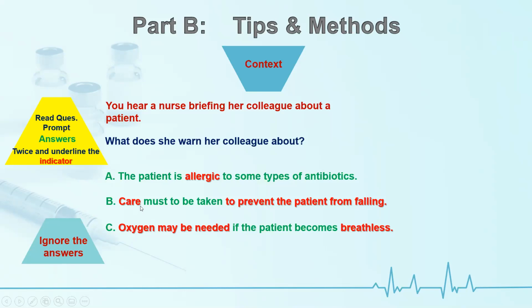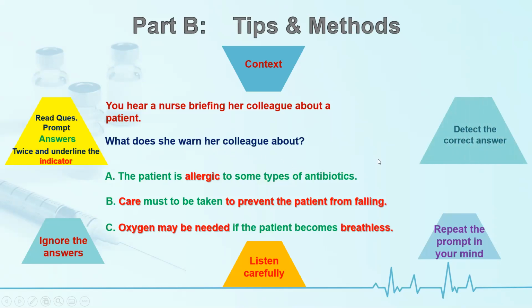After underlining the important words and reminding yourself of the question prompt, stop reading the answers and start to listen carefully. Then repeat the prompt in your mind and detect the correct answer.